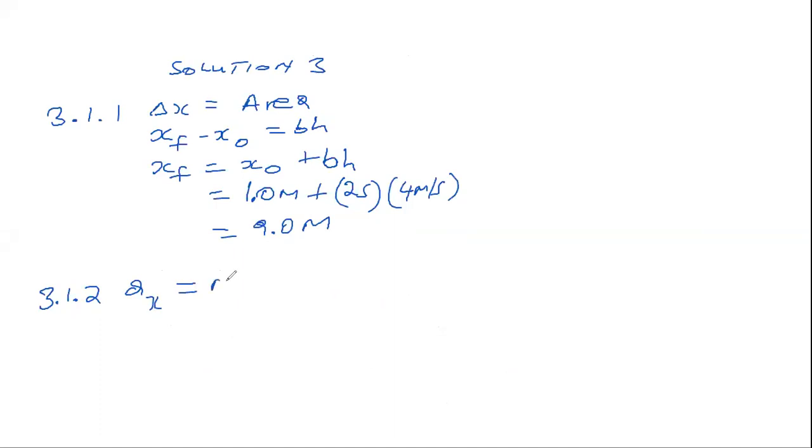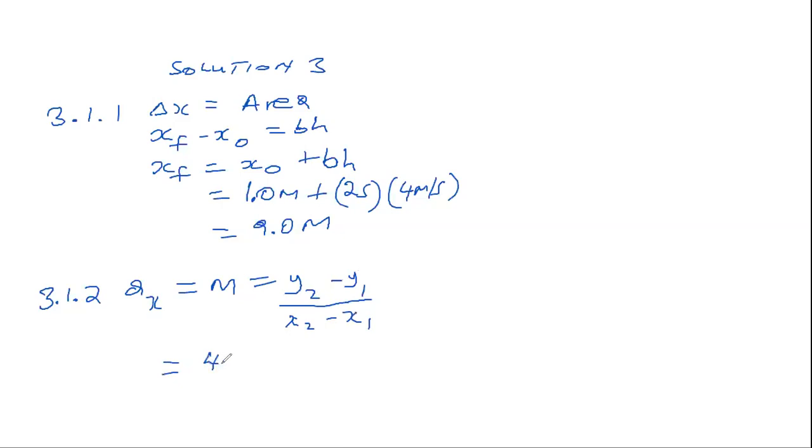Okay, so the acceleration in a velocity time graph is the same as the slope, the gradient of the graph. So it's going to be the same as y2 minus y1 all over x2 minus x1. We know that along the y-axis we have velocity, so it's going to be v final minus v initial.